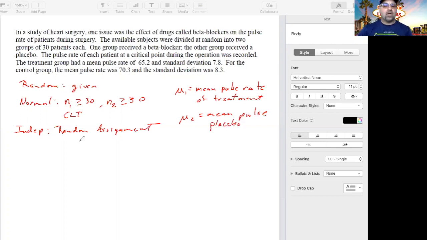Our null hypothesis is, of course, that mu1 minus mu2 is in fact 0. In other words, there is no difference between the two.